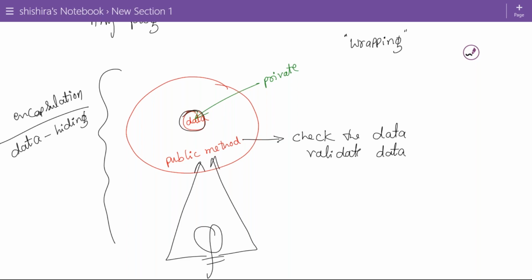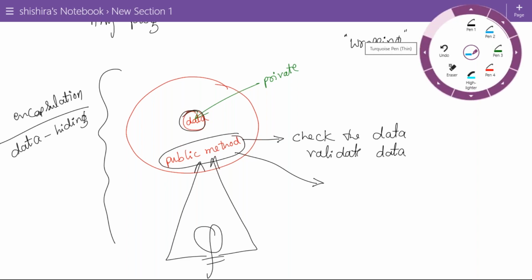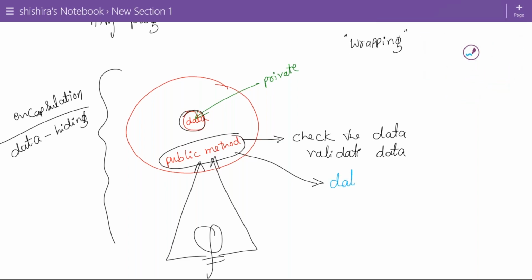These methods which help to protect your data are technically called data handler methods. What is the meaning of data handler methods? The methods which are responsible for handling the data. I repeat, the methods which are responsible for handling the data are called data handler methods.